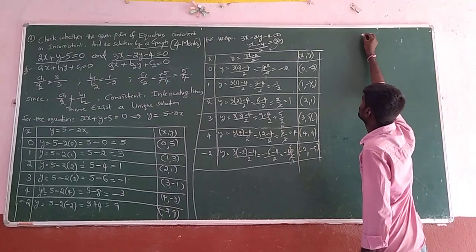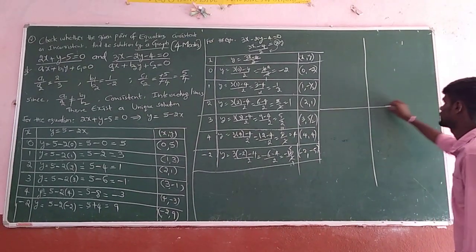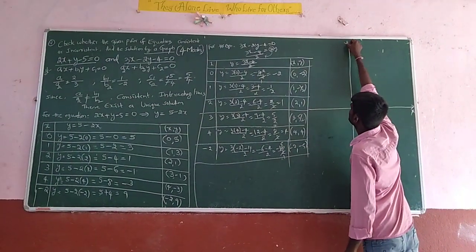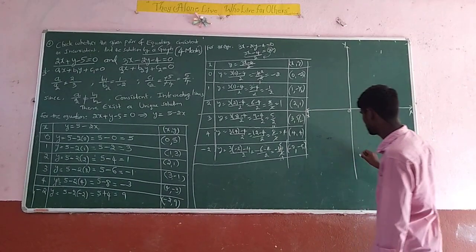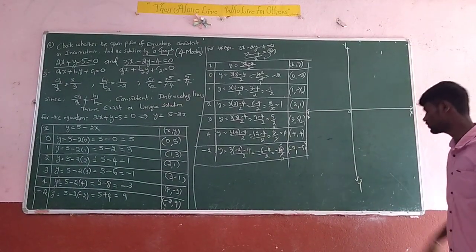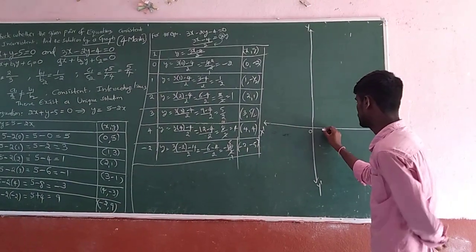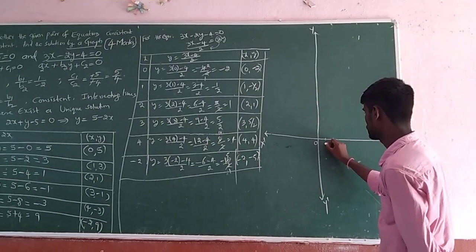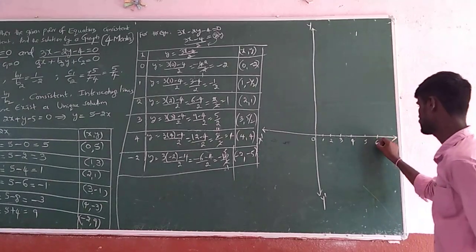So see here. X-axis, y-axis, origin, x dash, negative x-axis, y dash, negative y-axis. Take the points on the x-axis: 1, 2, 3, 4, 5, 6.